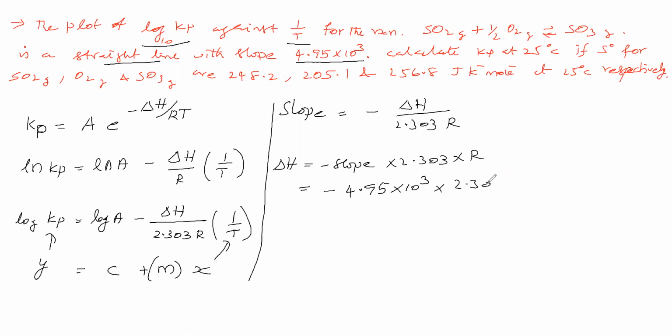So 2.303, and R is 8.314 joule per Kelvin per mole. We substitute R, and delta H is minus 9.48 into 10 to the power of 4 joule. So we got the delta H value.